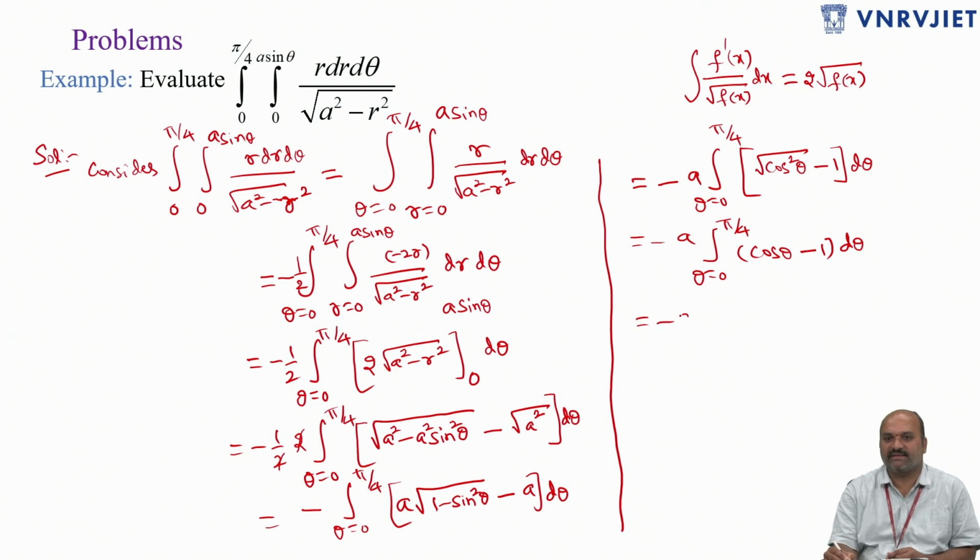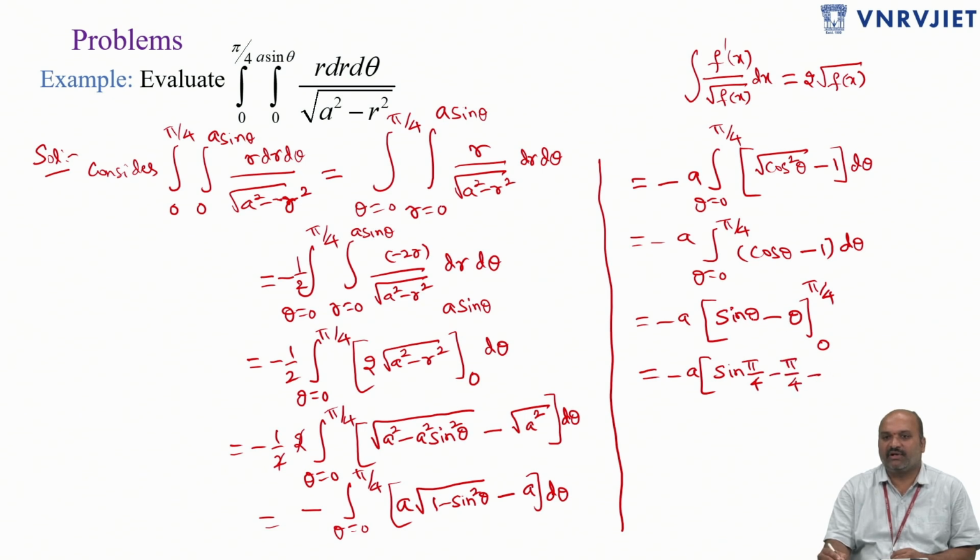This is equals to minus a. Let's integrate this with respect to theta now. What is cos theta integral? Cos theta integral is sin theta, minus integral 1 d theta, upper limit pi by 4, lower limit 0. This is equals to minus a. Let's substitute upper limit first: sin pi by 4 minus pi by 4.